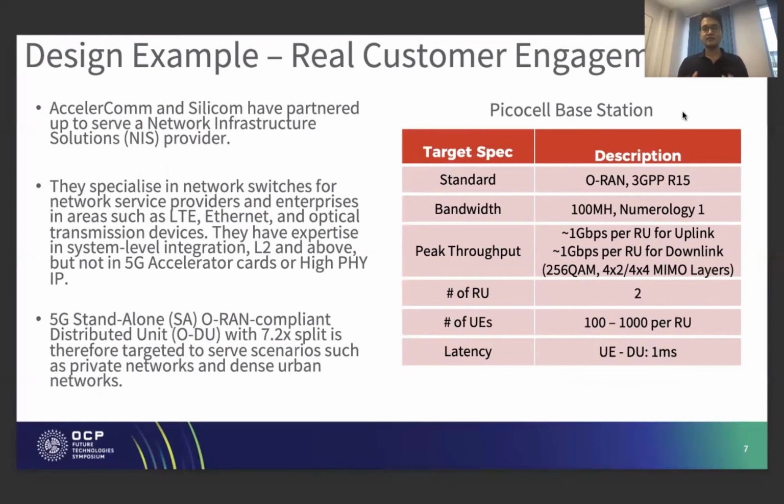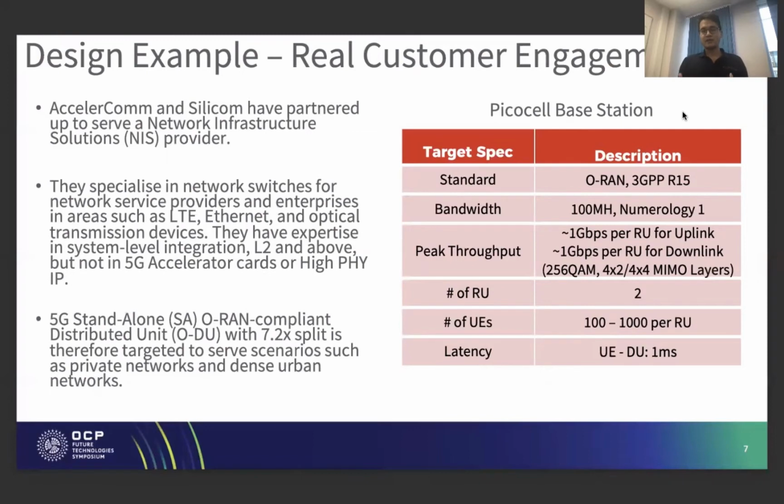And as you can see on the right, we have the picocell base station technical requirements, namely through 3GPP release 15, bandwidth has to be 100 megahertz, numerology 1, and most importantly, the peak throughput has to achieve 1 gigabit per second per RU for uplink, and 1 gigabit per second per RU for downlink when QAM is 256.